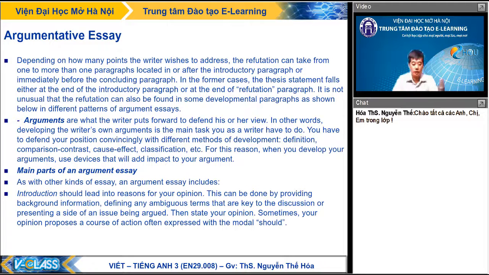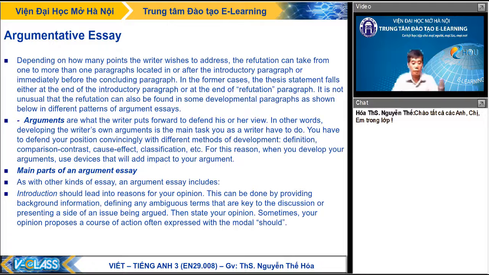In other words, developing the writer's own argument is the main task. You as the writer have to defend your position convincingly with different methods of development. So what are the methods here? You might try to make use of definition, comparison and contrast, cause and effect, classification, example.